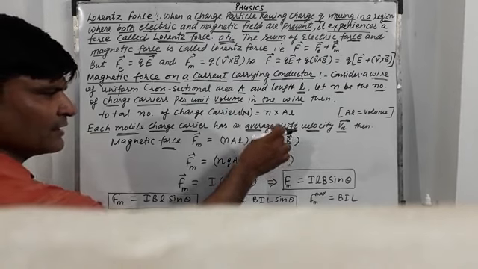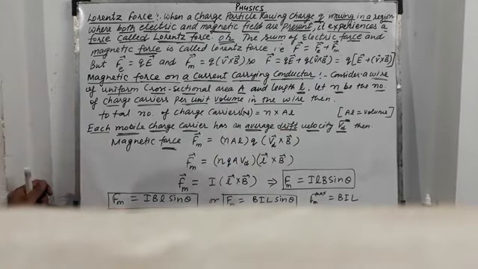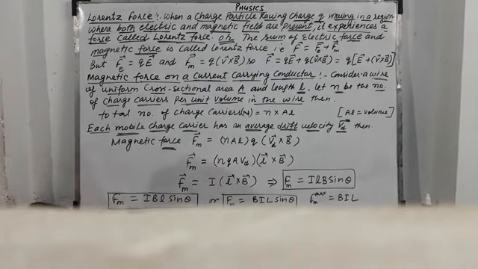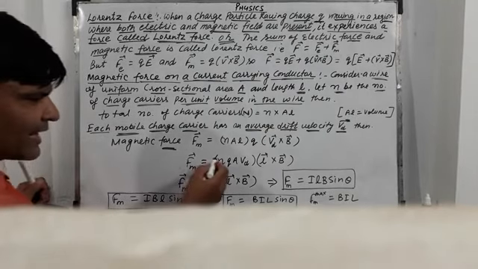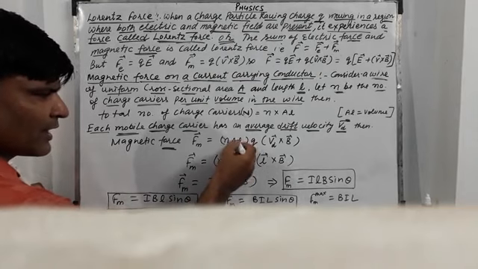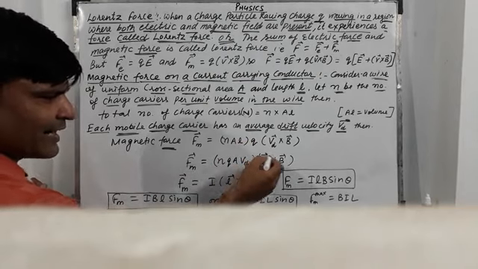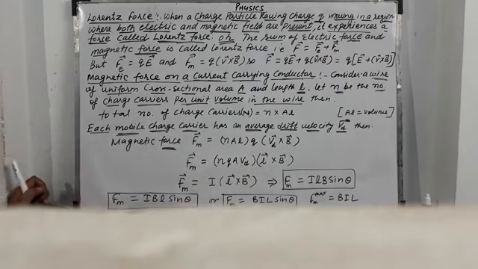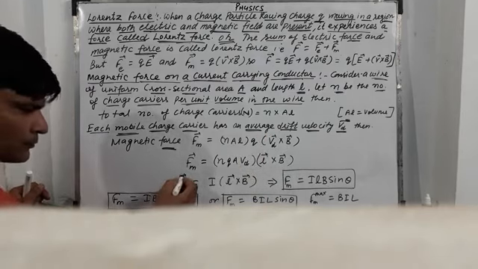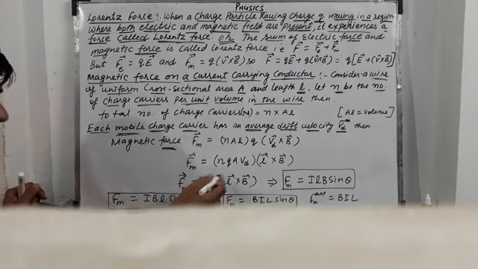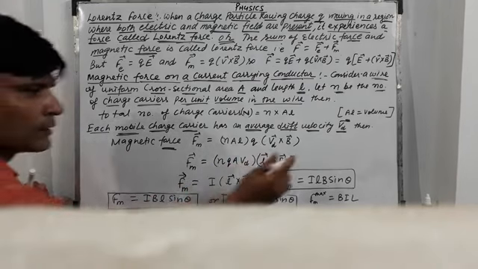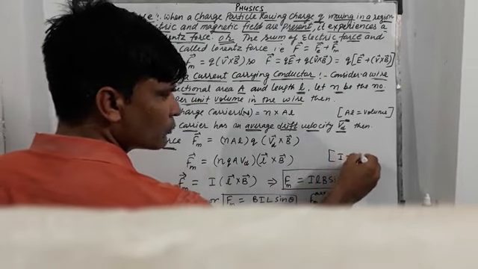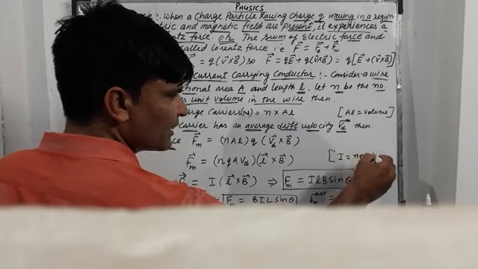Then vd cross product B. Rearranging this, we get Fm is equal to n q A vd L cross B. This vector goes to L. Now we know one relation, I is equal to n e A vd.